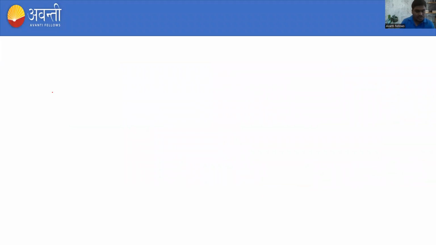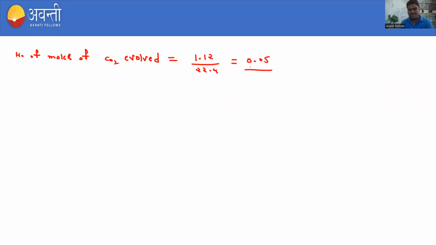Now we know that the number of moles of CO2 evolved is already given by all the data, so this comes out to 0.05. This is the number of moles of CO2 evolved. Now we know that when we heat CaCO3, what happens?